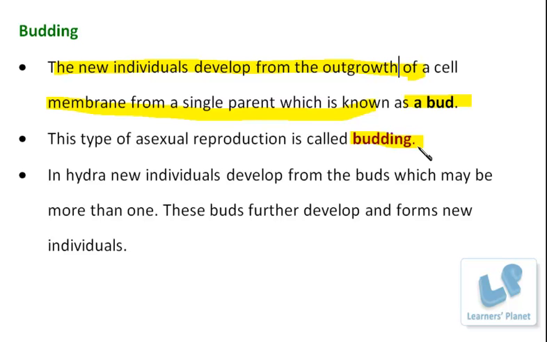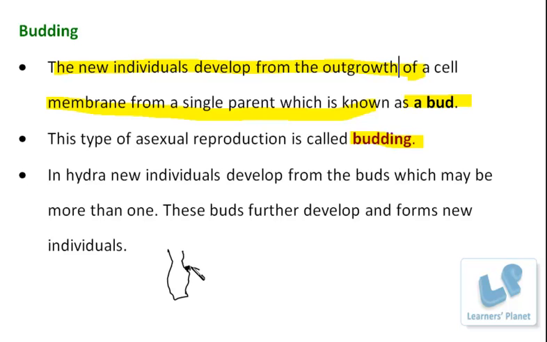So what happens here is, see, if this is the surface, let me show you here. This is the body part. And at this particular surface, if there are regenerative cells, they will start developing here. And if they are getting divided here, there must be some bulged out body which you can observe here.